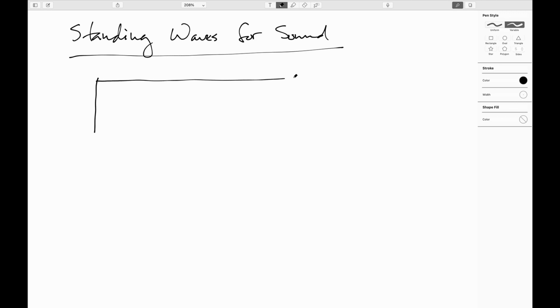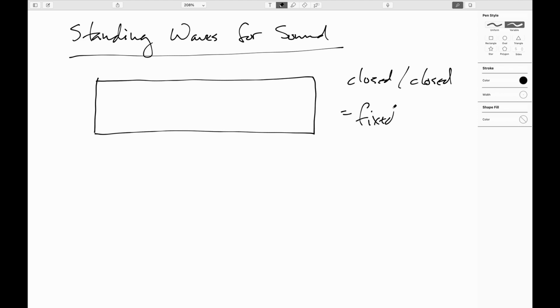So if your resonant cavity is closed on both ends, that turns out to be the same difference as if they were fixed on both ends, if it were a transverse wave.